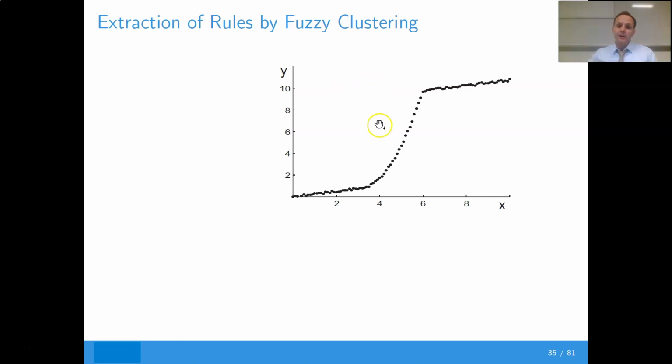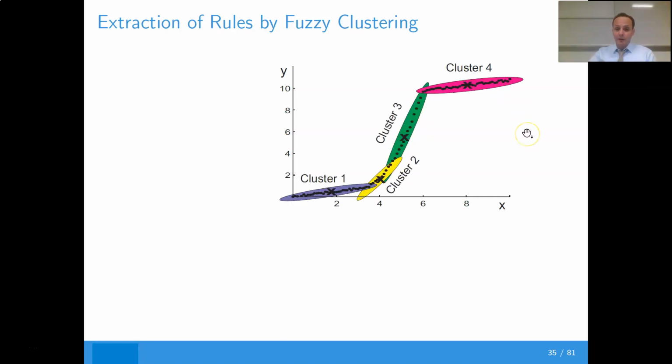In principle, it can be described as a linear model here, then a second linear model here, a third local linear model here, and then a fourth model. So perhaps we can assume, as in this picture, that 4 clusters hold for describing your model.